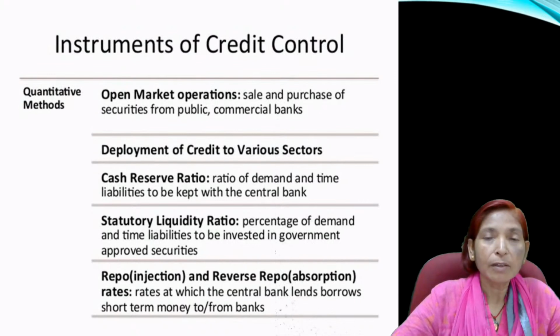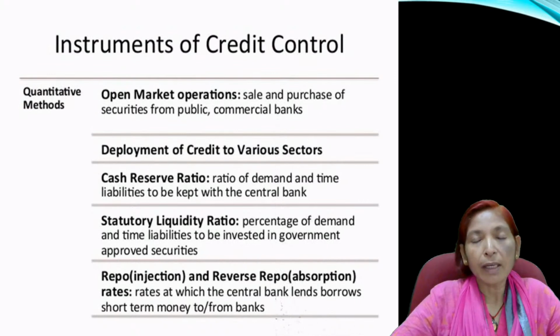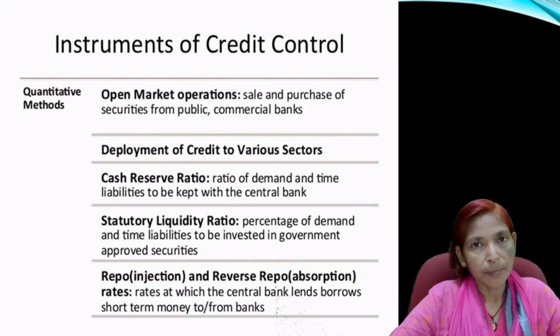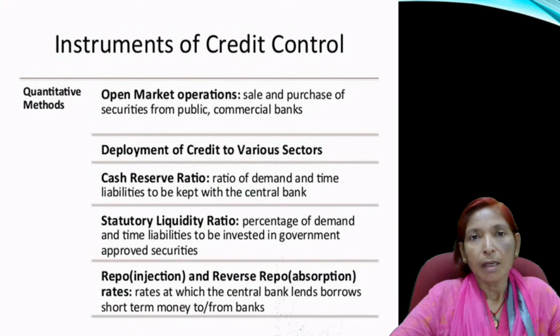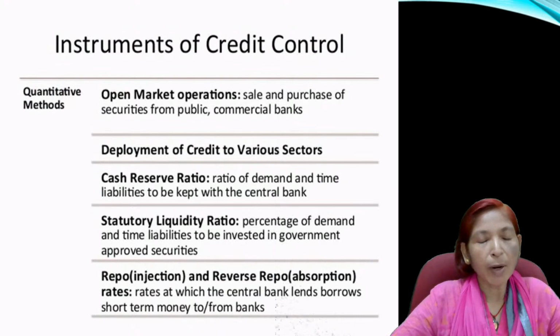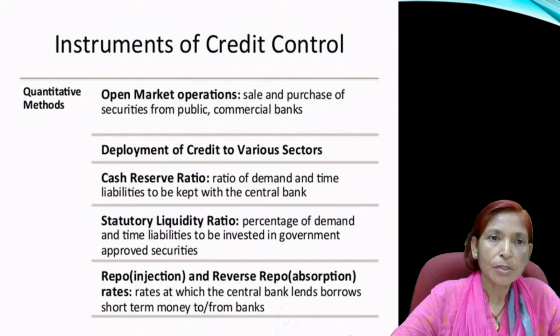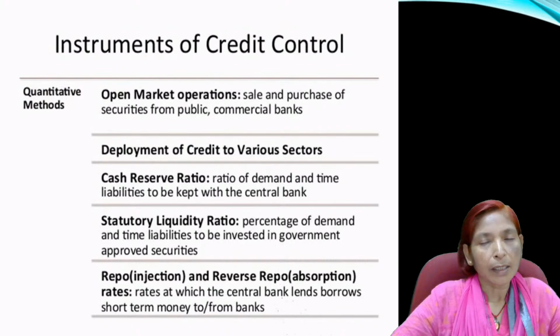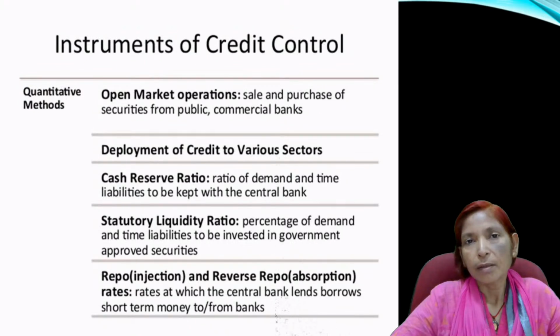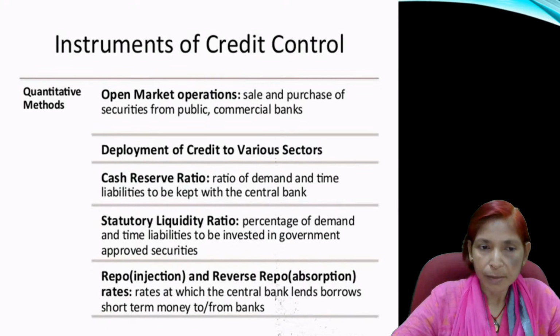When commercial banks take fewer loans, they can give less loan facility to borrowers. In this case, the purchasing power of the country's people will fall, their demand will fall, and inflation will be controlled. So by increasing the bank rate, the RBI can control the credit creation process.